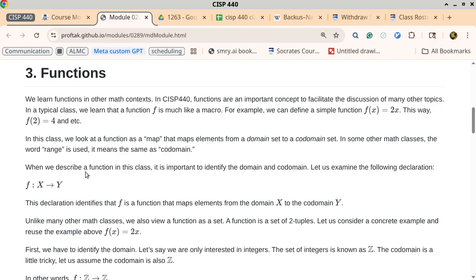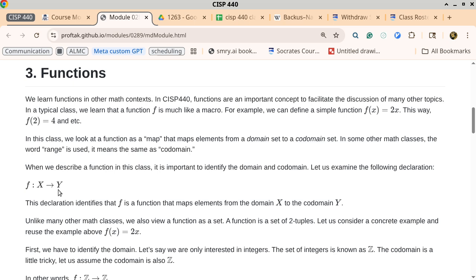When we talk about a function, there are two distinct sets that we are mapping. The set that we are mapping from, in this case represented by X, is called the domain. So the domain is where we are mapping from. And then Y in this case is the representation of the codomain, which is what we are mapping to.